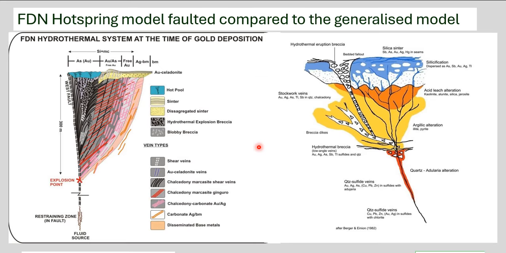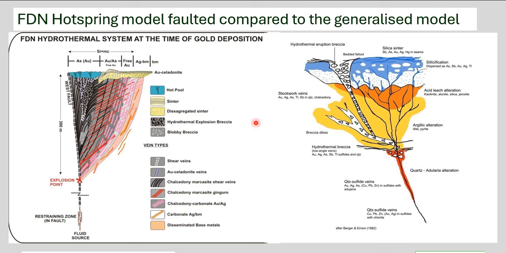So if I compare that model for Fruta del Norte with the generalized model we have for what are called hot spring epithermal deposits, where you have this combination of veins and breccias and sinters, it is fundamentally the same sequence.